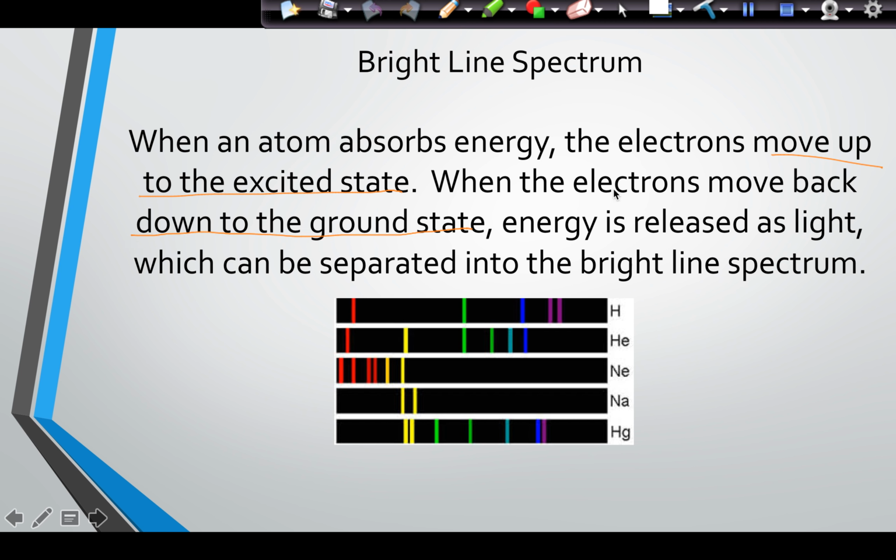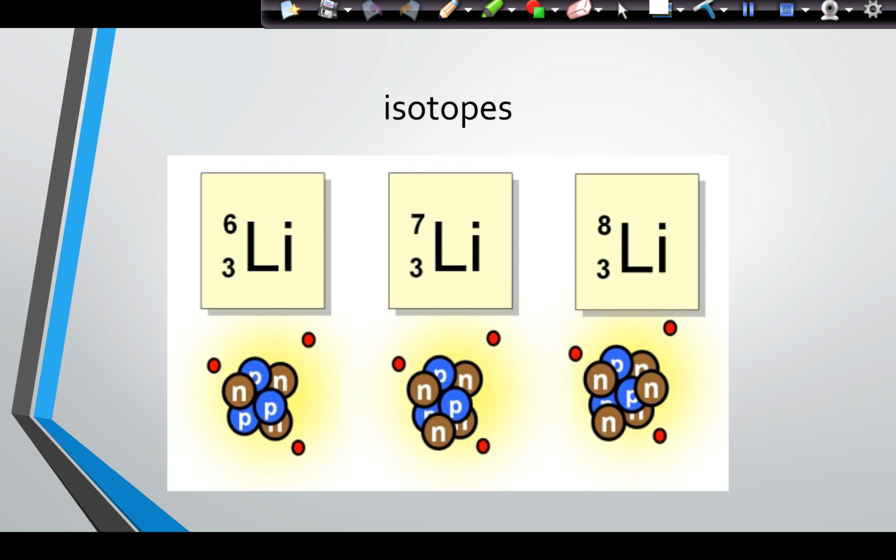When the electrons move from excited state to ground state, energy is released in the form of light. We can separate this light into the line pattern of the bright line spectrum. Every element has its own unique bright line spectrum that can be used to identify substances or elements that are found in a mixture.